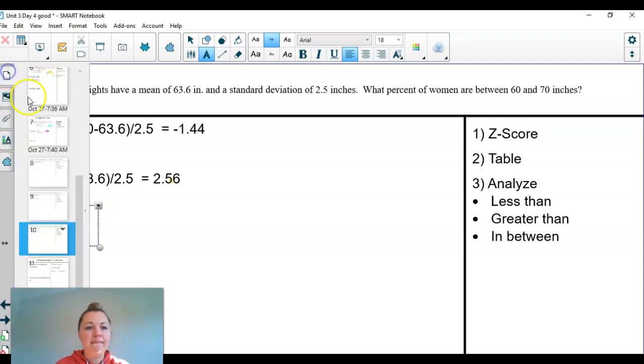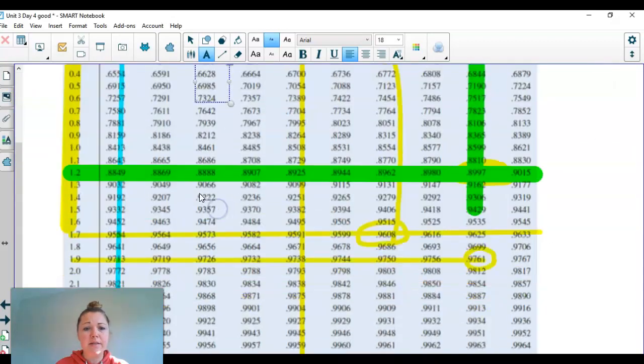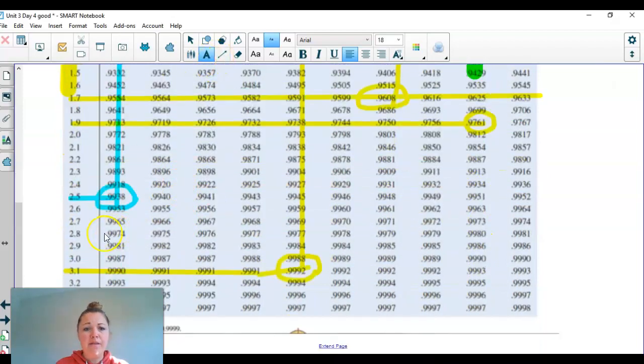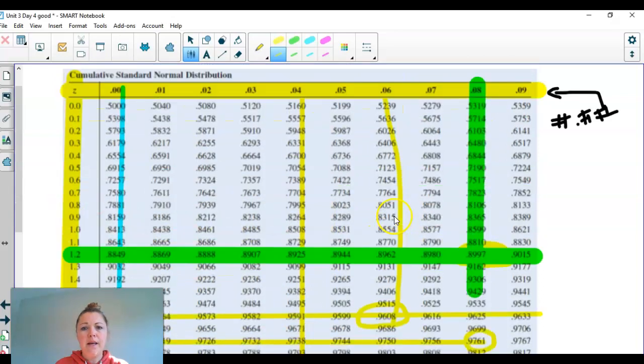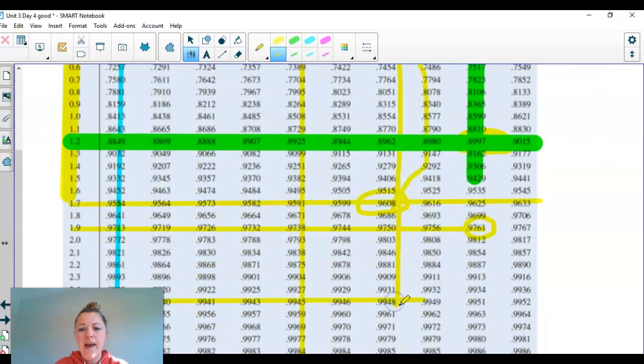Let's do it again. Our other z-score is 2.56. So 2.5 is right here. 6 is right here. And I get 0.9948.